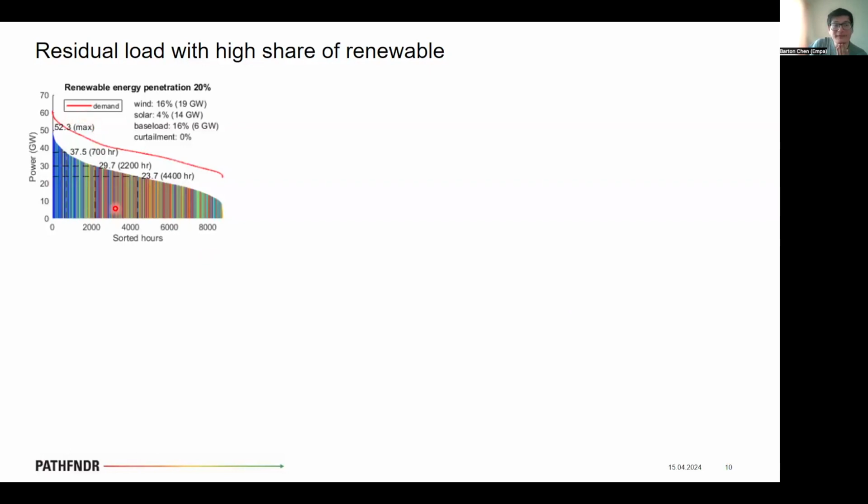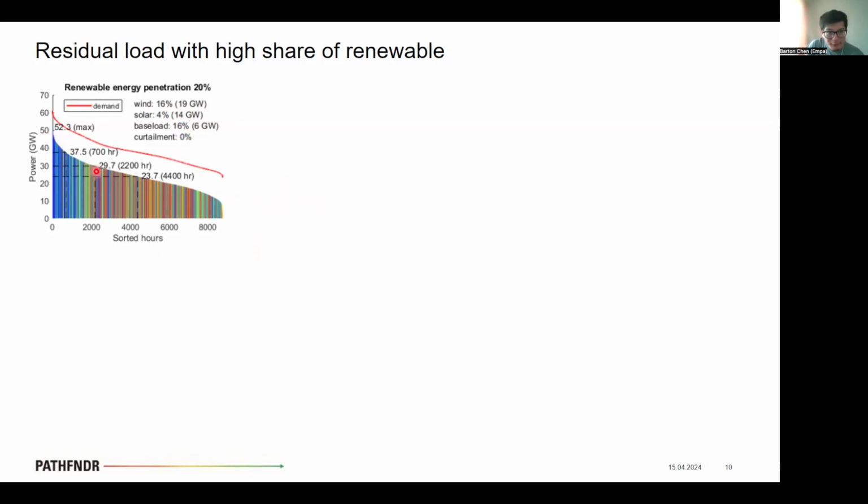I used UK data, but hopefully for different regions in Europe you still have the same trend, meaning demand is high in winter and a bit lower in summer or in the springtime. So this is the diagram. We have a 20% renewable energy share, and I make a certain assumption. For example, wind power is a bit higher, about 4 times higher than the solar generation.